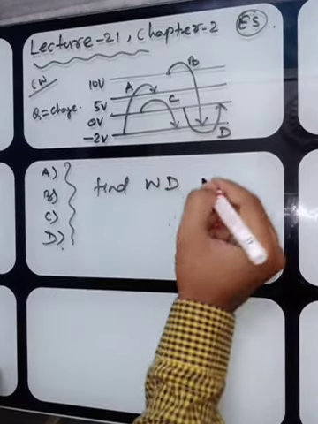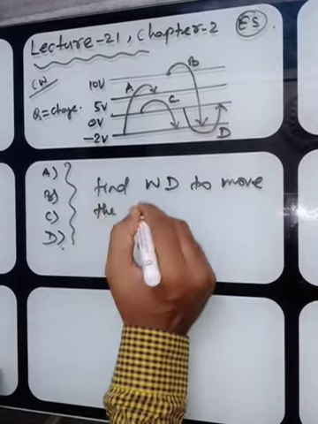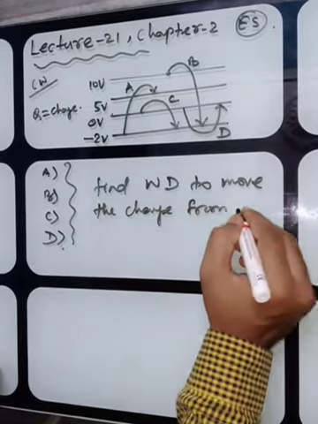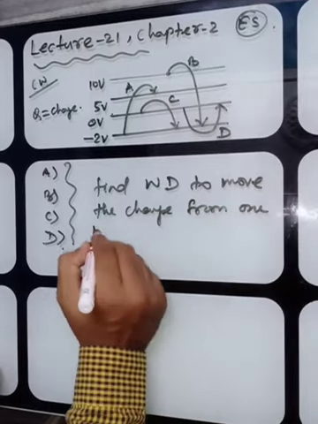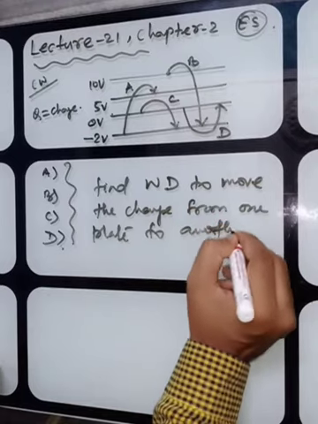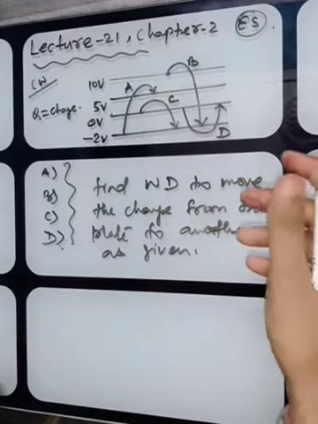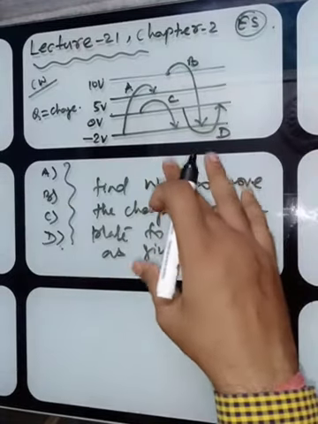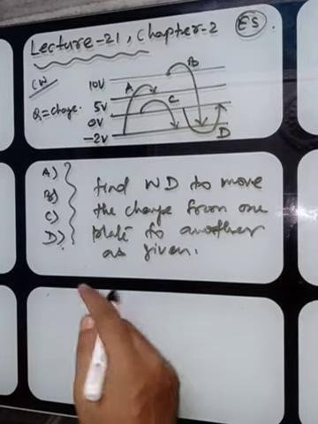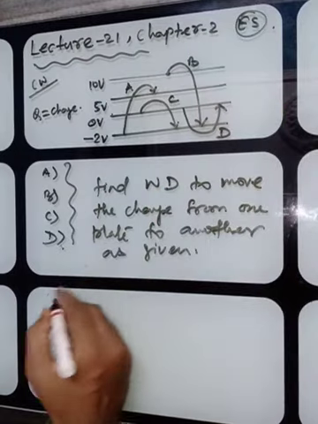Find the work done to move the charge from one plate to another, as given. You have to only move the charge as it is mentioned in the diagram. My dear students, one question I'm solving, and the rest 3 questions you have to solve by yourself.